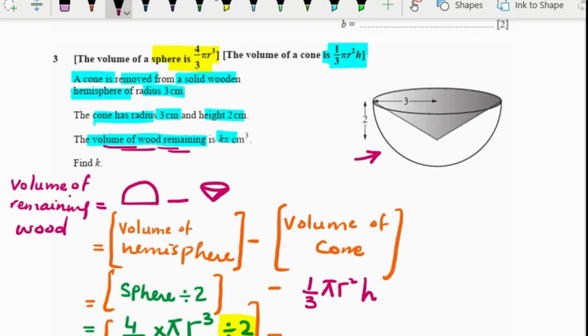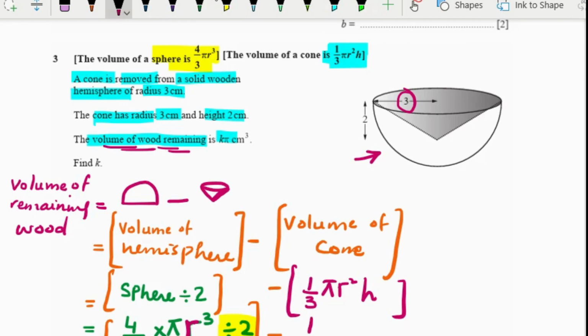Now we will substitute the values. What is the radius of hemisphere? That is 3. So we need to put 3 instead of r. That will be 3 cube divided by 2.